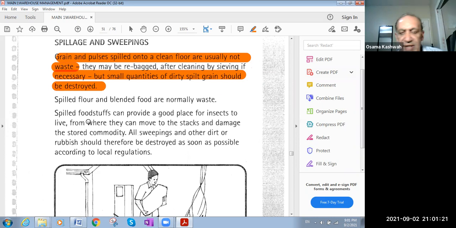If the ground was dirty, then in that case you should get rid of this grain which is spilt on the floor. Okay, the floor of the warehouse we are talking about.